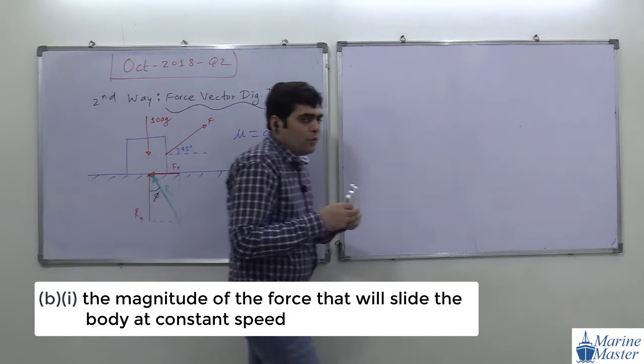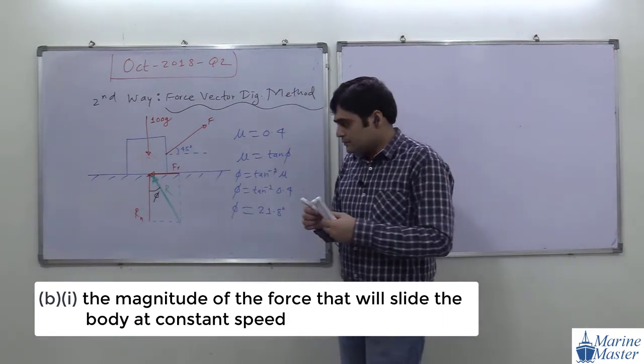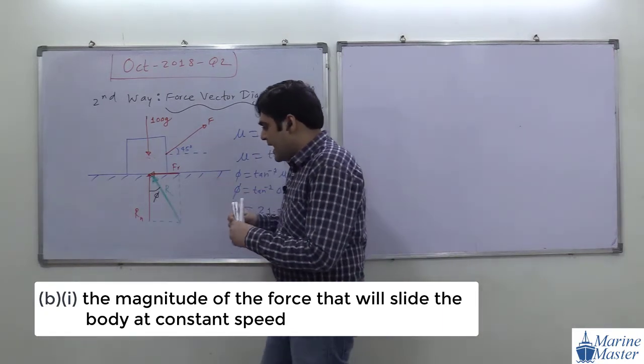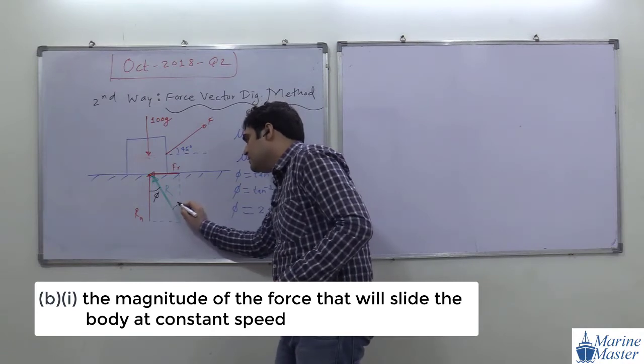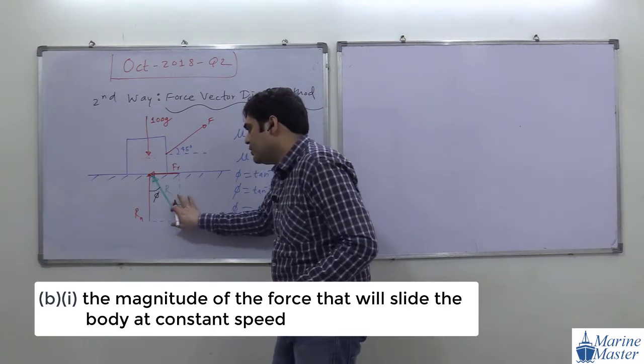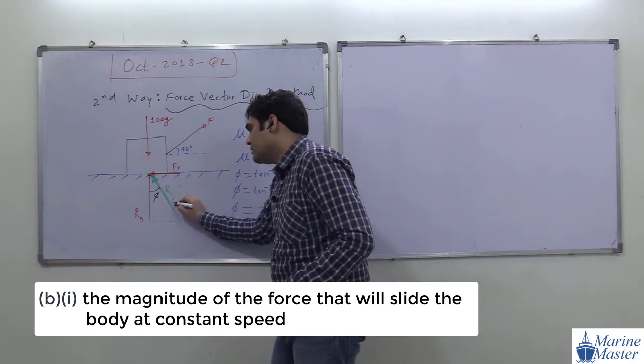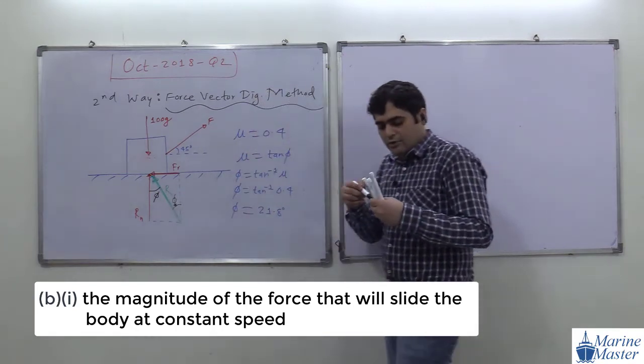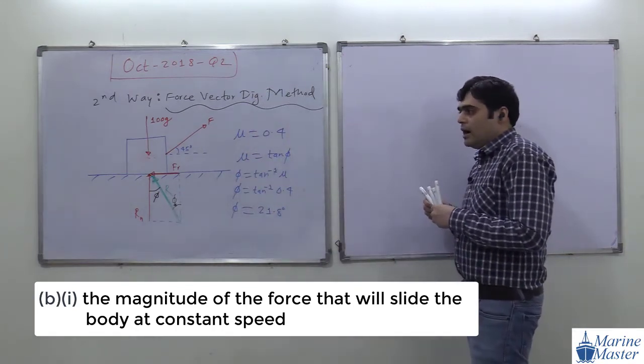So what are we going to do? This R is making how much angle with respect to the vertical? Phi. Can we denote this angle as phi? Try to see the scenario here. Now how to draw the drawing?